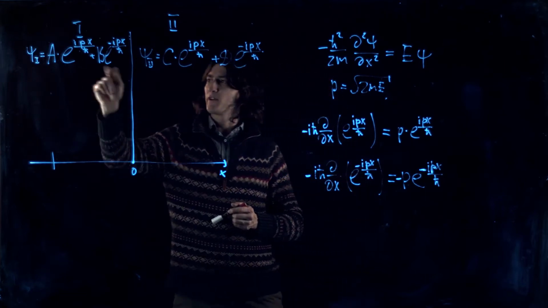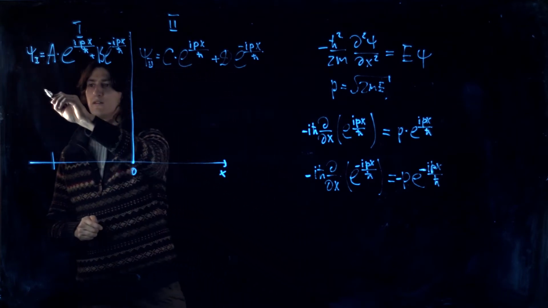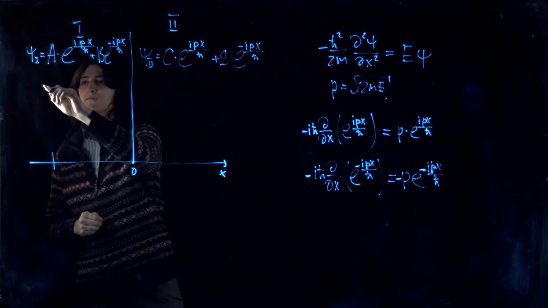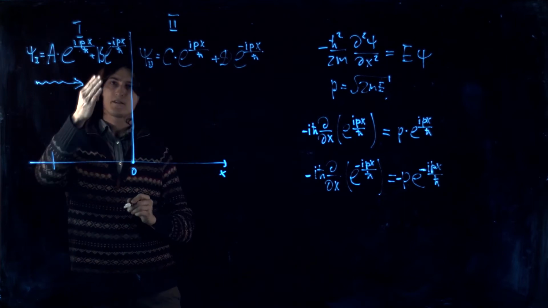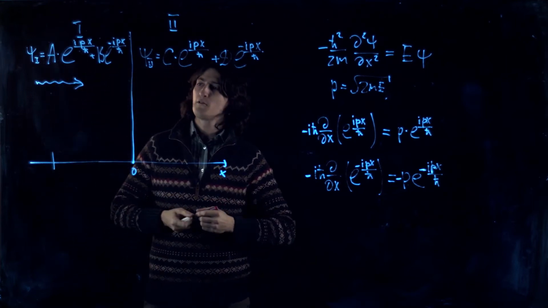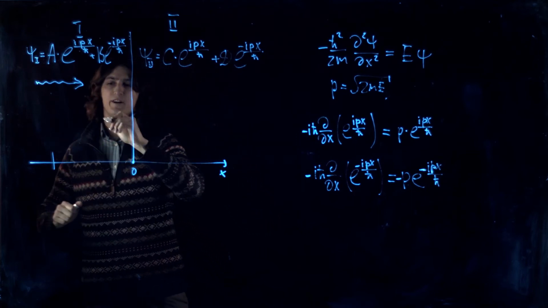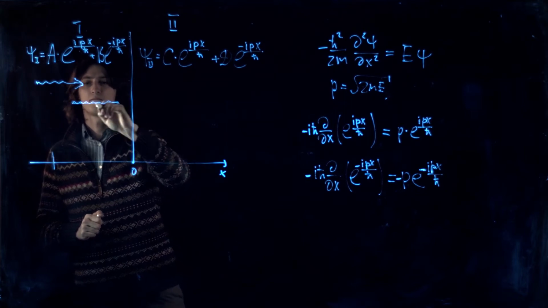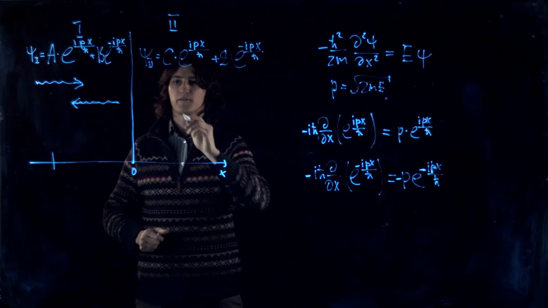So that exponent corresponds to the particle moving from the left to the right, or having positive momentum. This exponent corresponds to a particle having negative momentum and moving from the right to the left. The same goes for the second region.